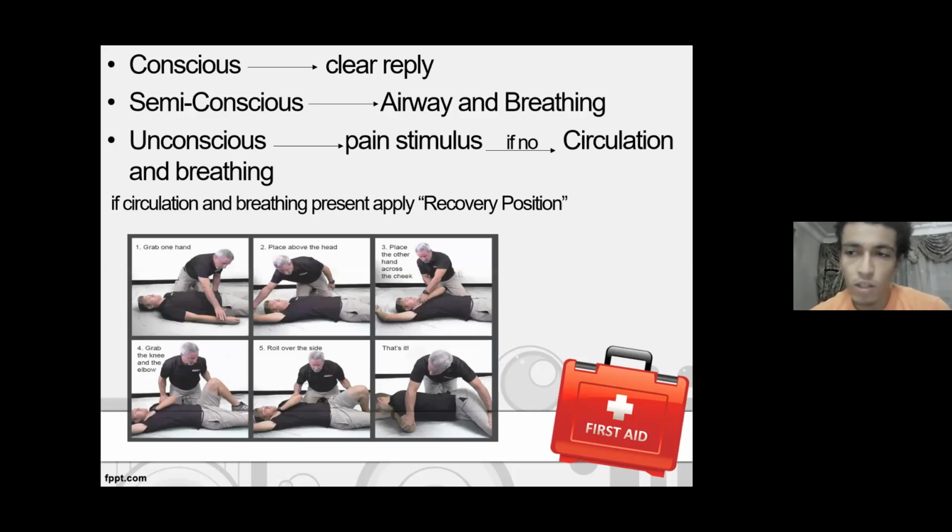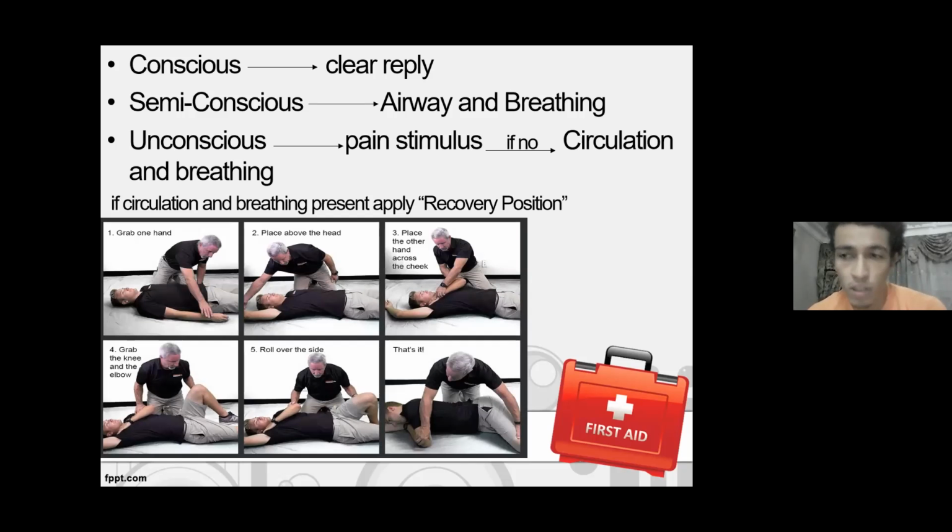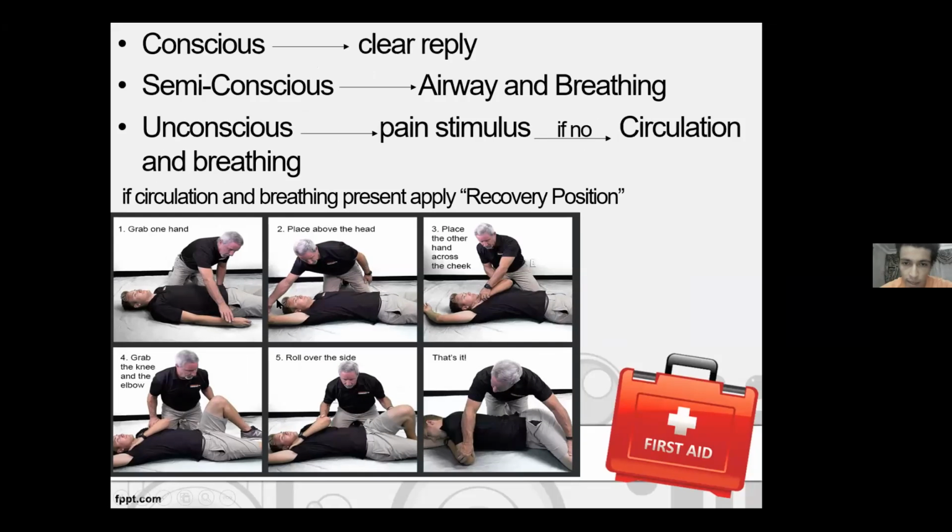The recovery position, as I said, is used if he was unconscious and I found that he has circulation and breathing. At first, I will sit beside the lying patient. As you see, I'll move my mouse. I will move the arm that's far from me and raise it up above his head, as you see in the second picture.